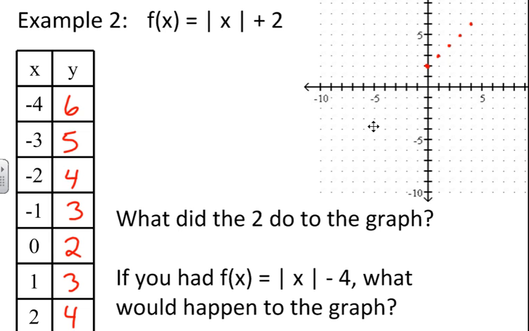On the other side is negative 1, 3, negative 2, 4, negative 3, 5, and negative 4, 6.